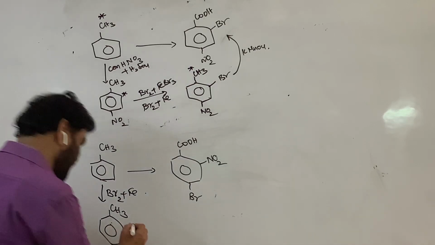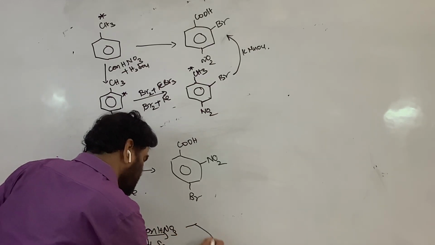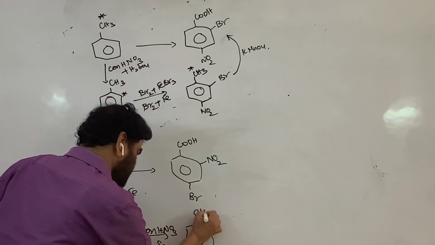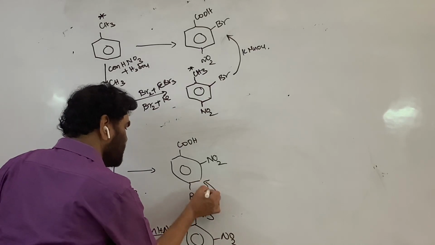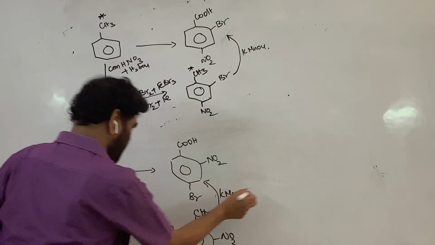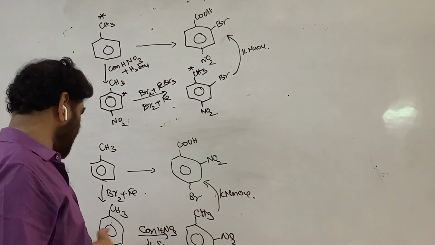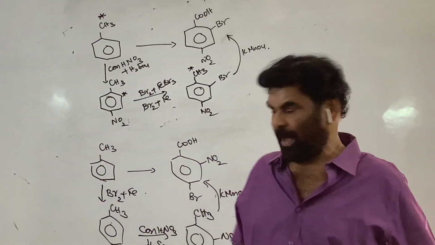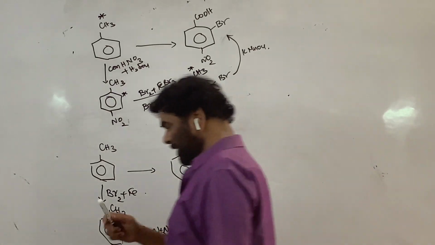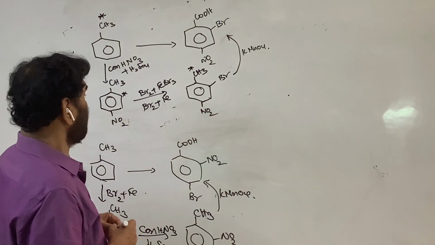Now carry out the nitration, concentrated HNO3 plus H2SO4, and then KMnO4. First bromination followed by nitration. Otherwise, if you carry out the nitration first, the nitro group will go to the para position. And it is converted to this.